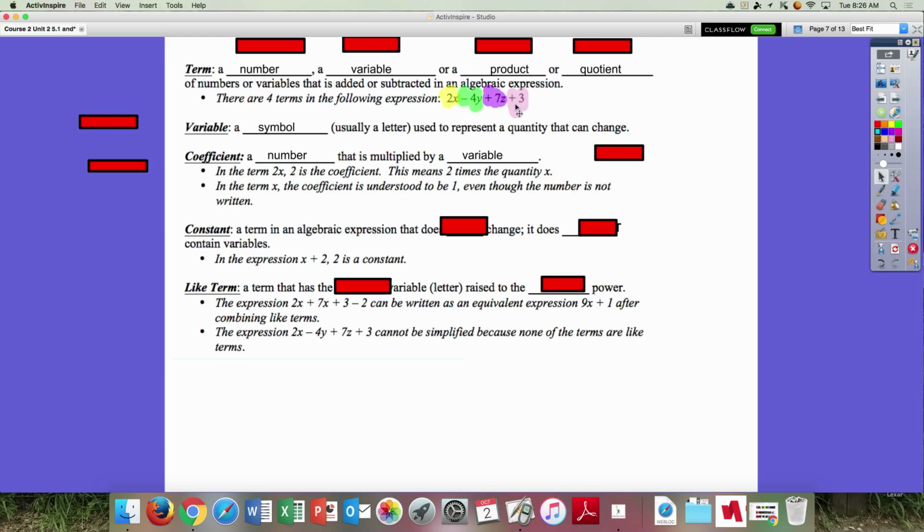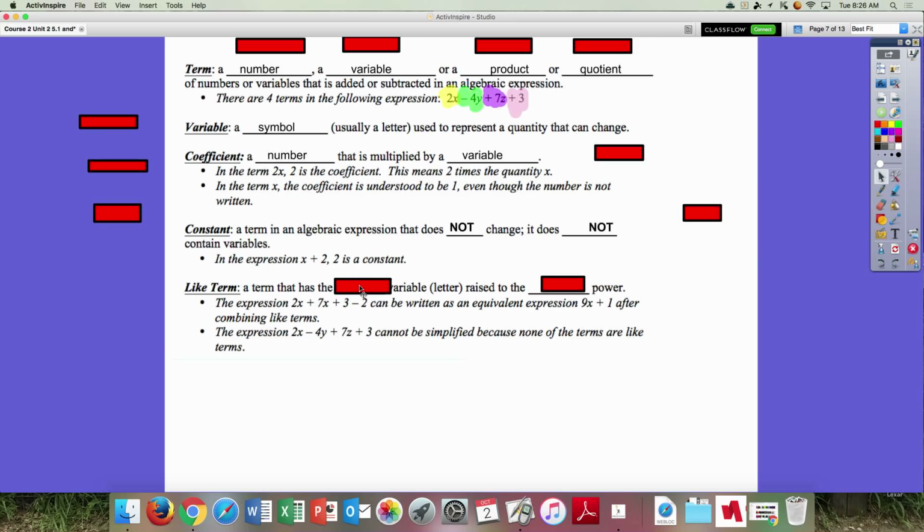The coefficient here would technically be 3, even though there's not a letter next to it. Okay? So 3 is actually called a constant. And a constant does not change, and it does not contain variables.